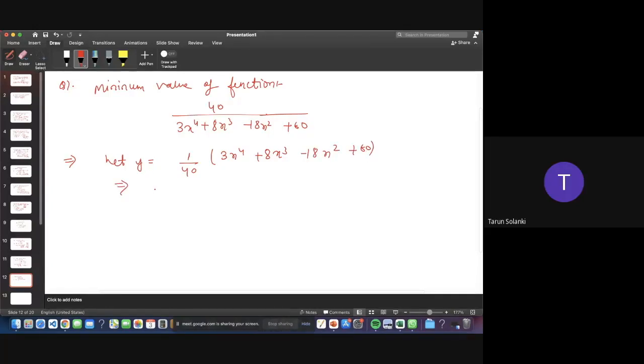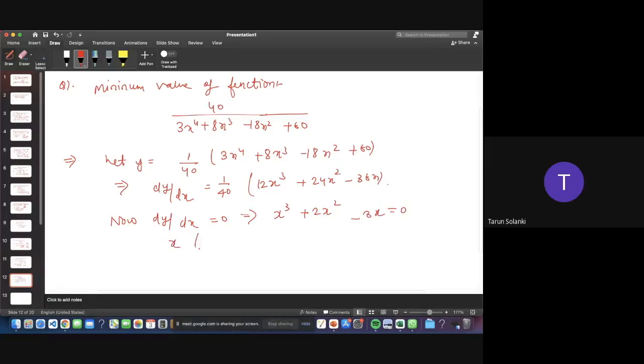So we can say dy by dx is equal to 1 by 40 of 12x cube plus 24x square minus 36x. So now dy by dx equals 0, which is x cube plus 2x square minus 3x equals 0.